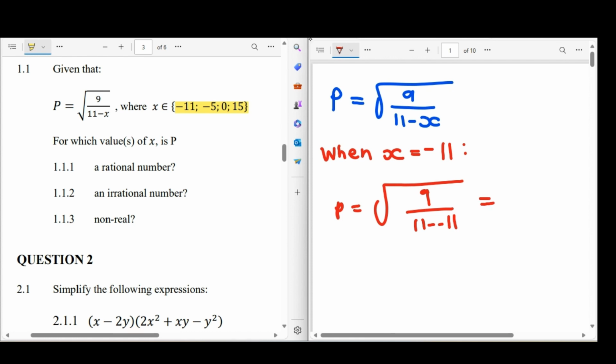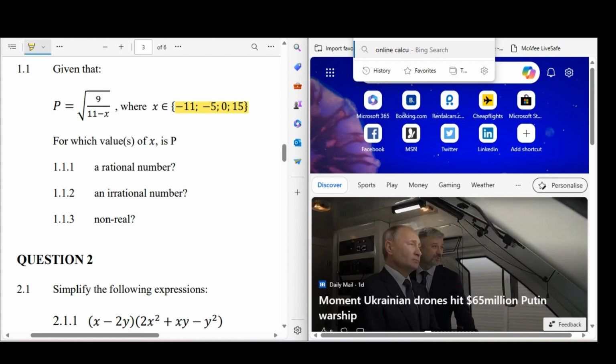If we work this out, we've got the square root of 9 at the top, and then 11 minus negative 11 becomes a plus. So 11 plus 11, and that's going to be 9 over 22. Then we are just going to work that out. Let's get a calculator here quick.